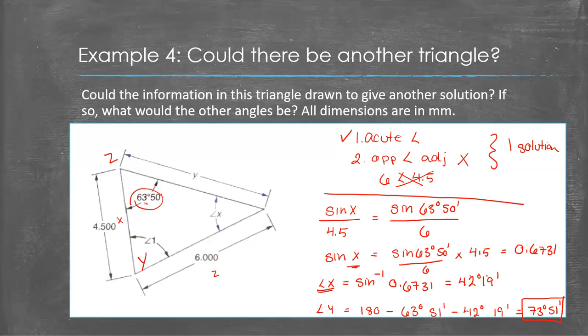So pretty easy to do. Lastly, we got the angle x, the last piece is to find side y. So y divided by the sine of the angle we just got, 73 degrees, 51 minutes, is equal to side z, so 6, divided by the sine of angle z, which is 63 degrees, 51 minutes.